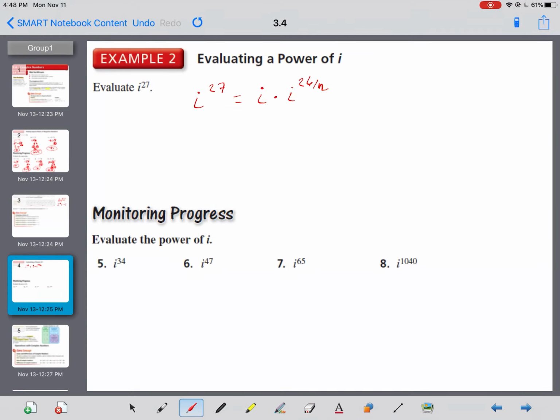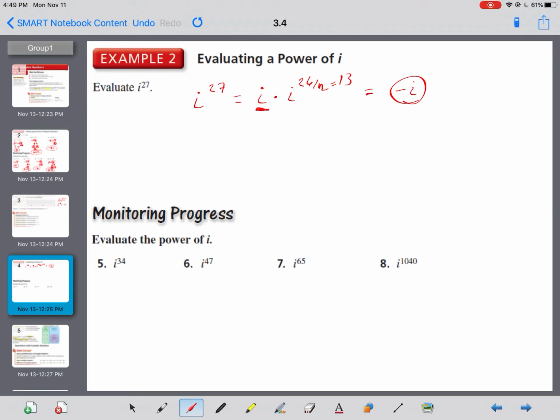So I divide this by 2, which is 13. There is an odd number of i squareds. Well, every i squared is a negative 1. Every pair of negatives is going to be a positive. That means we'll have 6 pairs and 1 left over, so it's going to be right back to a negative 1. So this is going to be negative i.